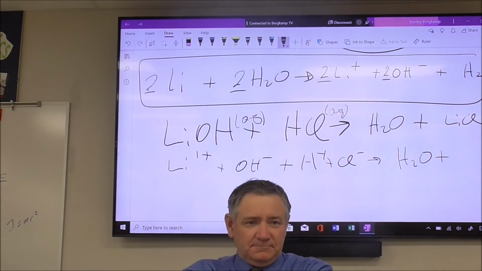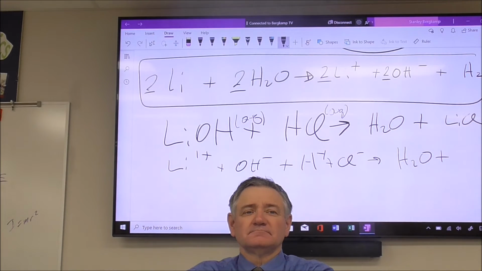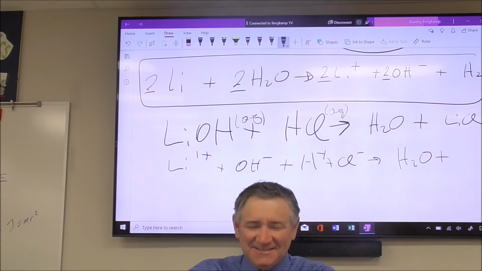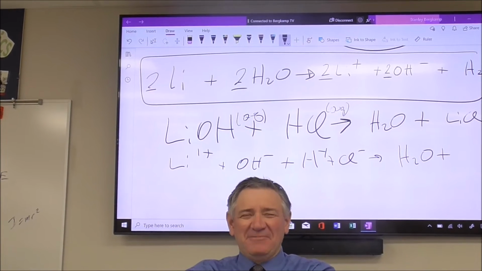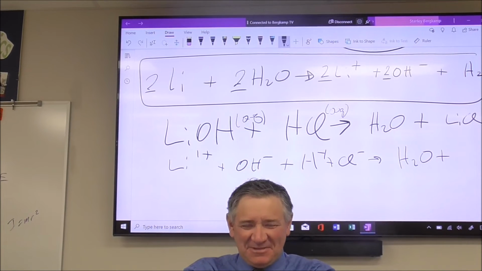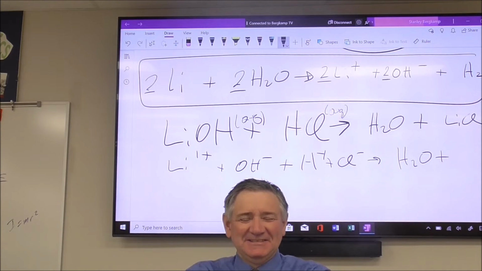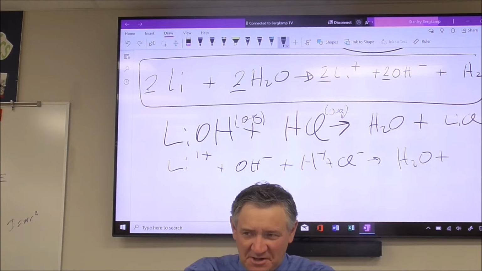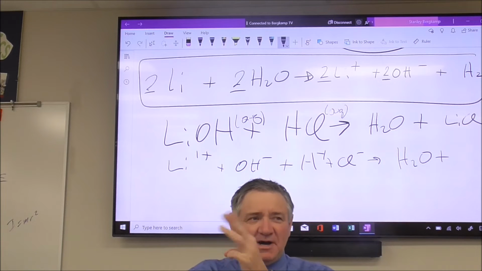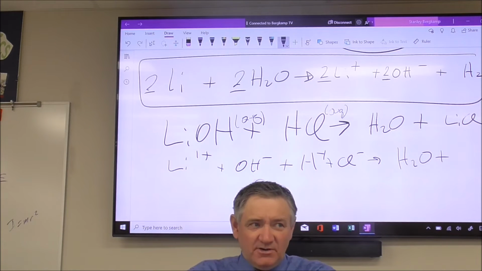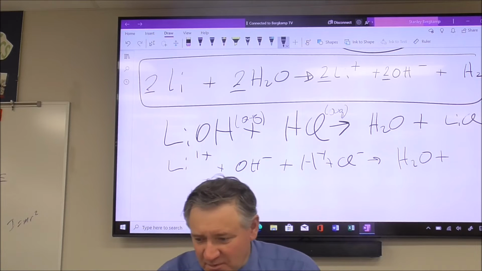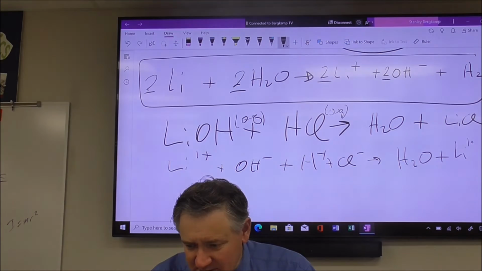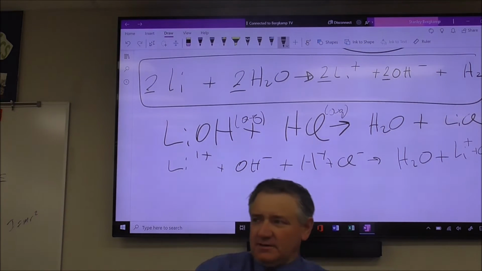Soluble. But beyond that, on the test, I'm not going to tell you that lithium chloride is soluble. What's the rule on chlorides, bromides, iodides? They're almost all soluble except for silver and lead. Lithium is not either one of those, therefore this is existing as lithium ions and chloride ions.